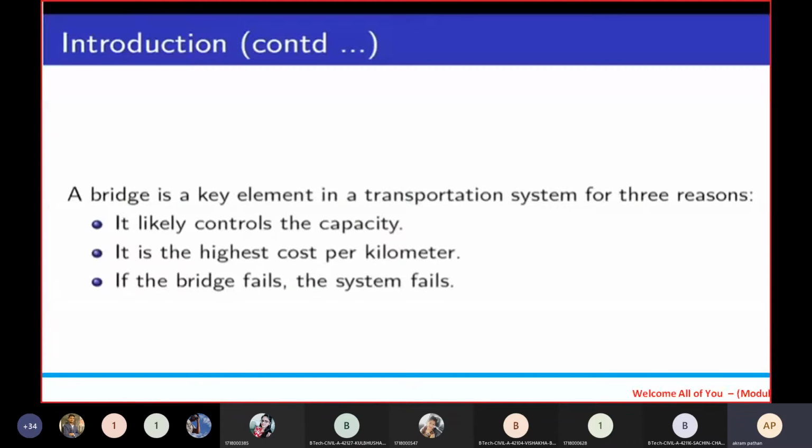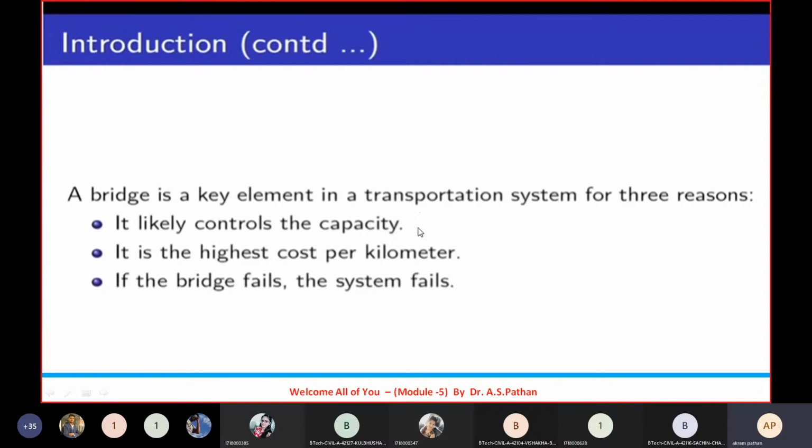Okay, then a bridge is a key element in a transportation system for three reasons. Okay, so look into these considerations. These are the three reasons by which we have to construct a bridge. First, it controls the capacity.